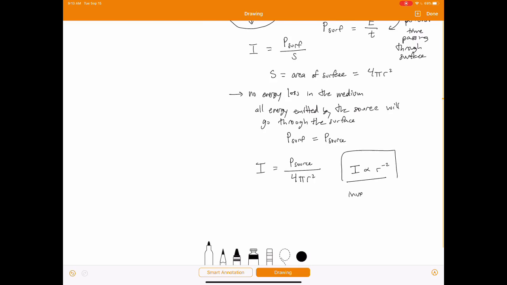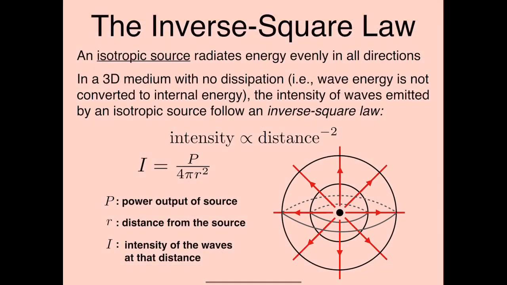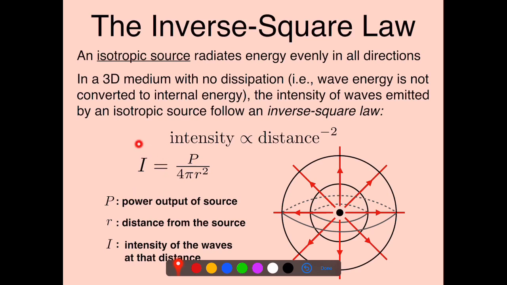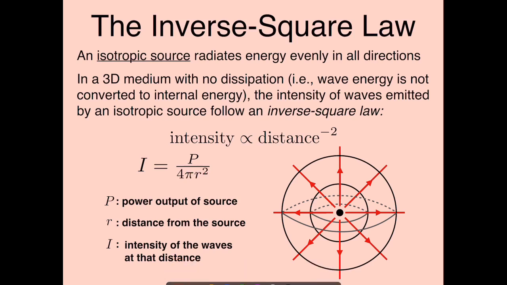That's the inverse square law. Okay, so that's the result that we wanted to derive. I is equal to P divided by 4 pi r squared. I is the intensity of the waves. P is the power output of the source of the waves. And r is the distance from the source.